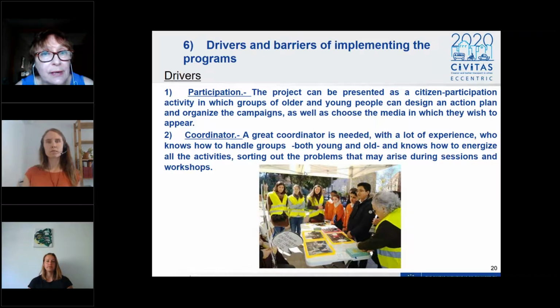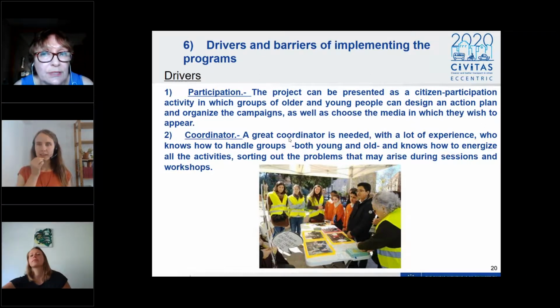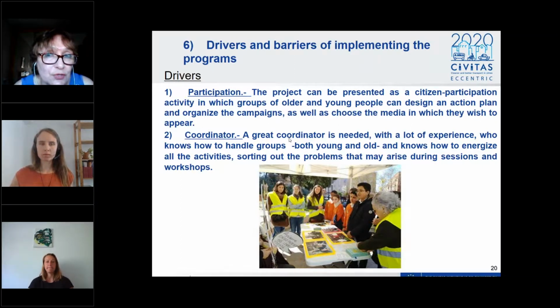For the drivers and barriers, I think one driver is participation. The project can be presented as a citizen participation activity in which groups of older and young people can design an action plan and organize the campaigns, as well as choose the media in which they wish to appear.